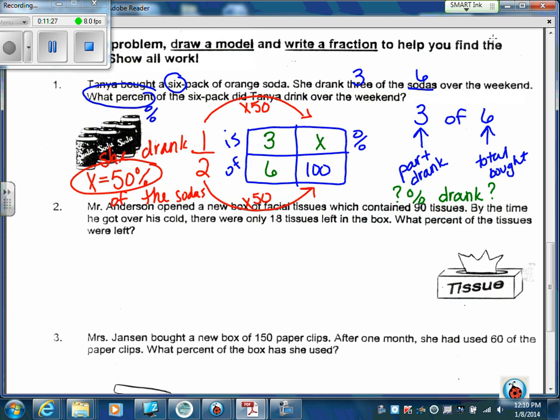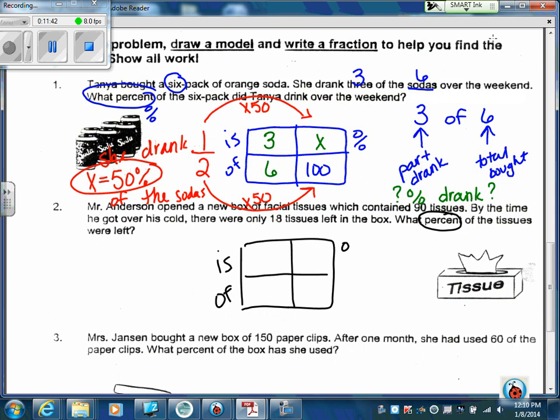So number 2, it said that we had 90 tissues. There were only 18 left. What percent were left? Well, again, they're looking for percent. That tells me I can use a percent box. Set it up. Label. Always over 100. So the information they give me is we have 90 tissues.